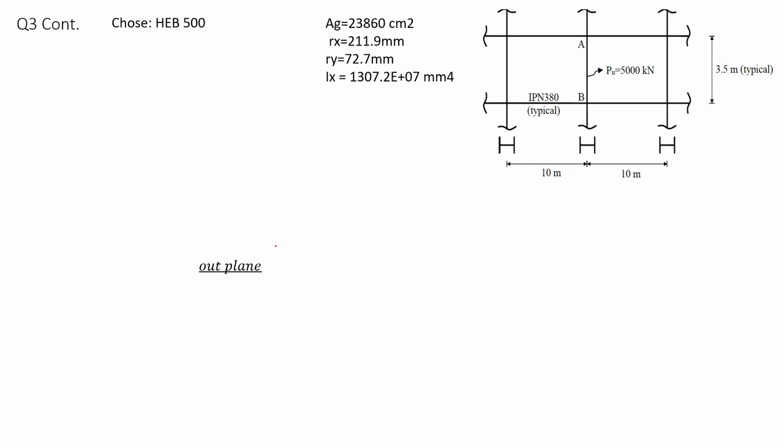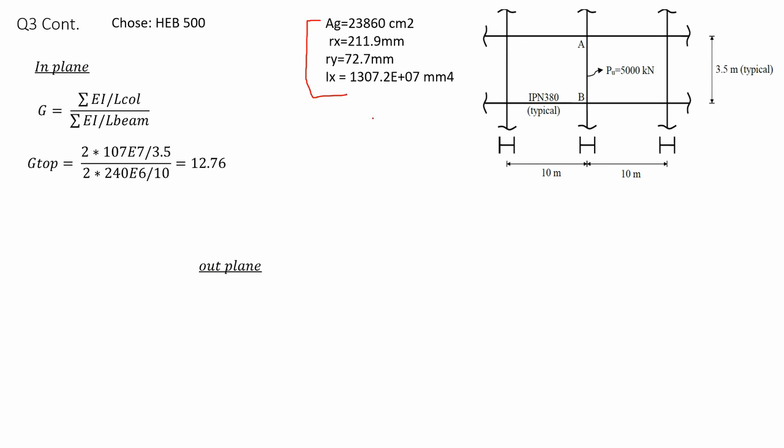So now I'm going to check HEB 500. Ignore this, please. Take all the information that you need again, as we did before, and check for the in plane again, check for the G top and G bottom again, because the moment of inertia for the column has changed since it is a different section.